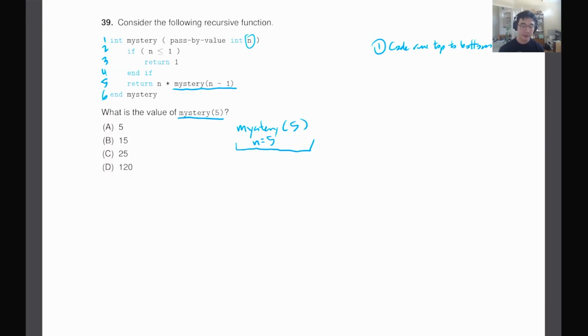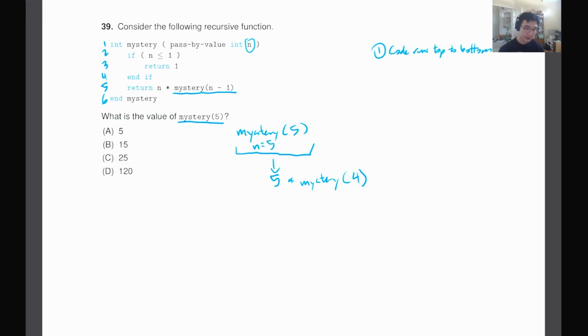And I'm just going to notate to myself that when I call mystery with a value of 5, this is equivalent to n times mystery n minus 1. And let's just go ahead and put those values in it. So n is currently 5, so I'm just going to put 5 there. And n minus 1 is 4, so I'm going to put a 4 there.